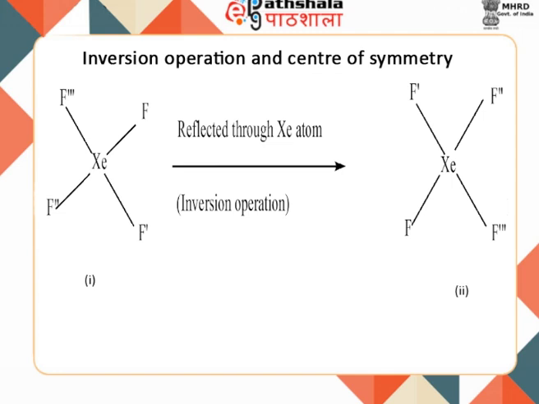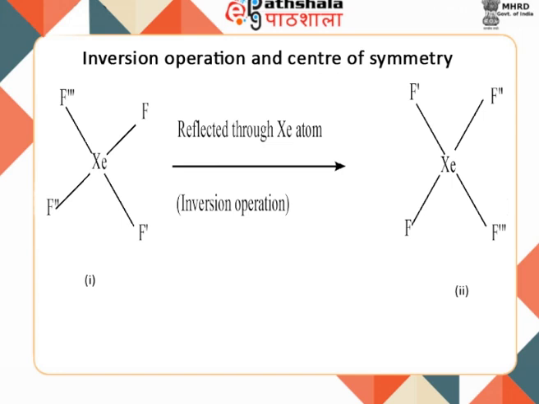Fourth is center of symmetry or inversion operation. If the reflection of all the atoms of a molecule through a point within the molecule produces an orientation which is indistinguishable from the initial one, it is called inversion operation, and that point is called center of symmetry.